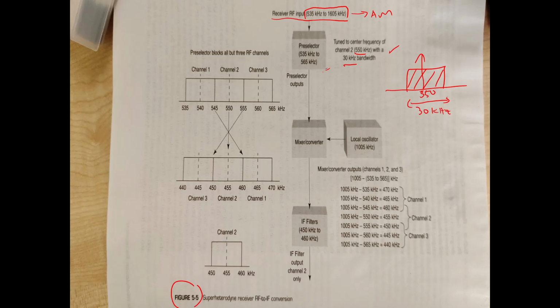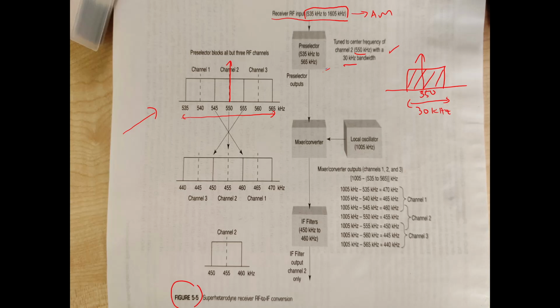Within this 30 kilohertz, there are actually other radio stations. In this example, back to this picture, you see that when the preselector tunes at 550, it contains 30 kilohertz of bandwidth. So this 30 kilohertz consists of other channels as well.